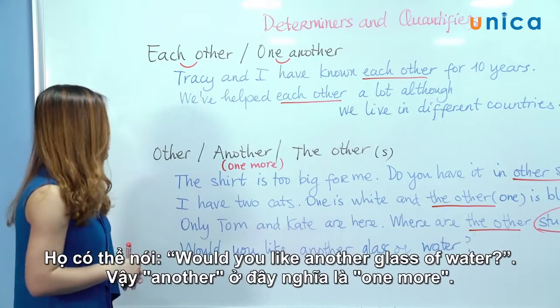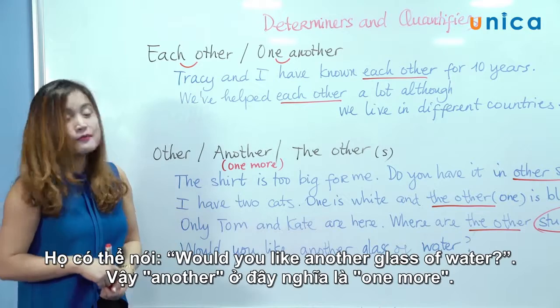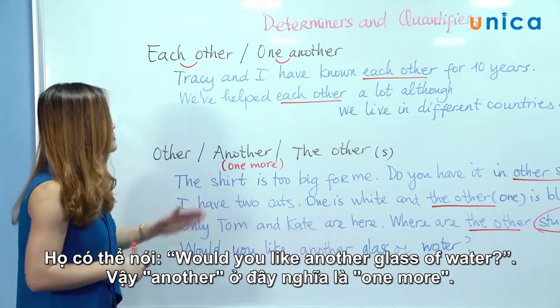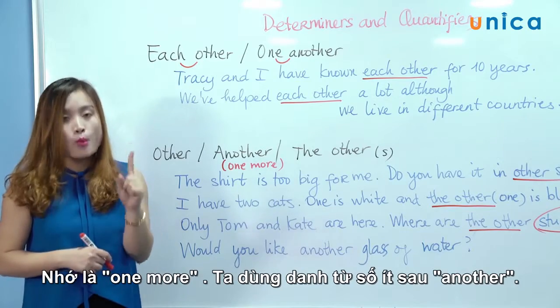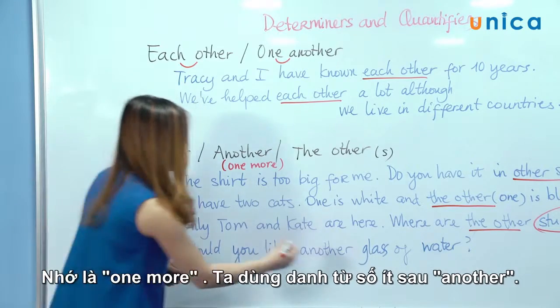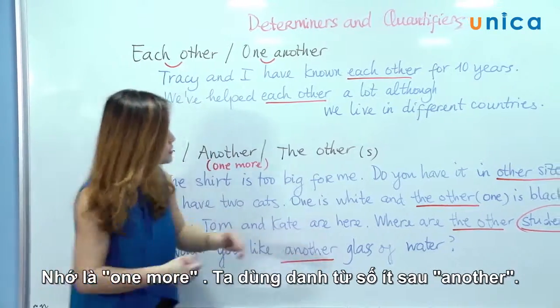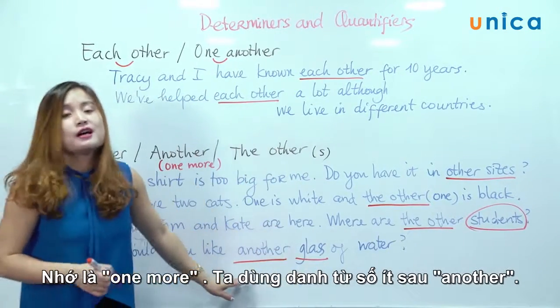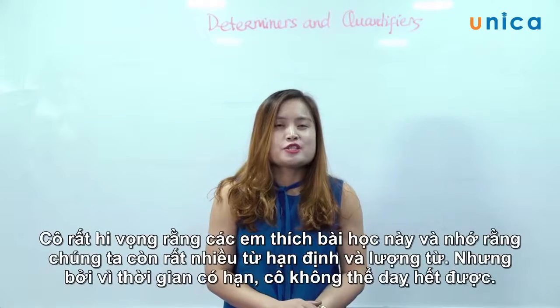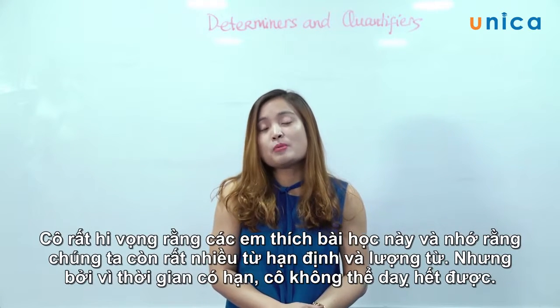He or she can say, would you like another glass of water? So another here means one more. Okay, so remember, only one more. So we use a singular noun after another.